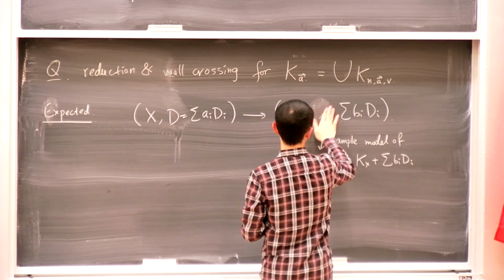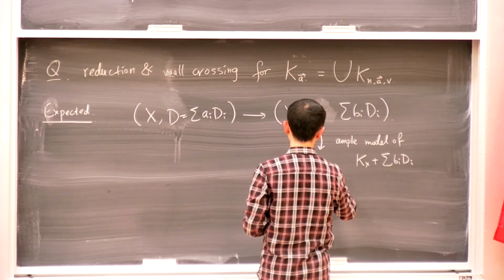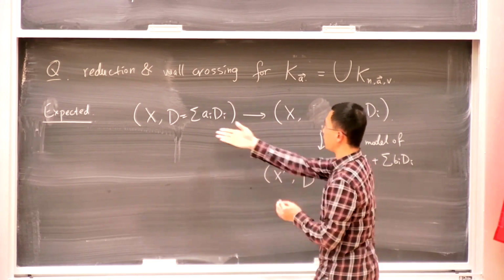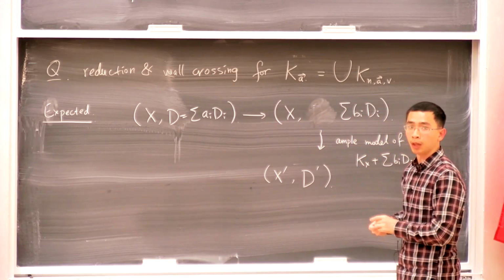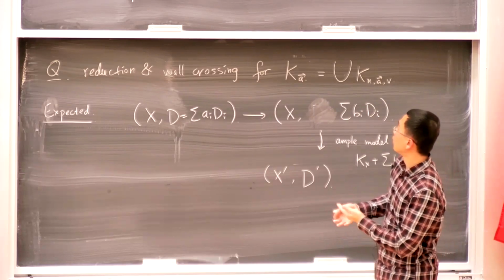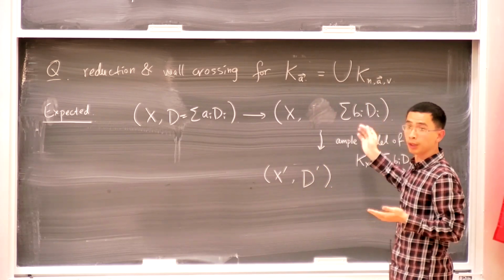So I got a new pair (X', D'), and hopefully that would be my replacement. And if I can do this in families, I would get a well-defined reduction morphism between these moduli spaces.